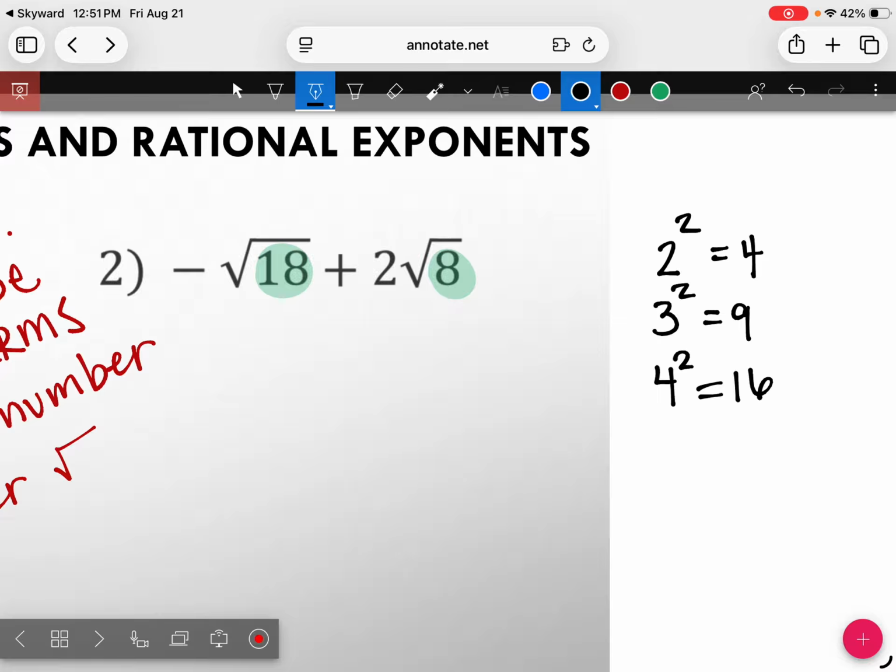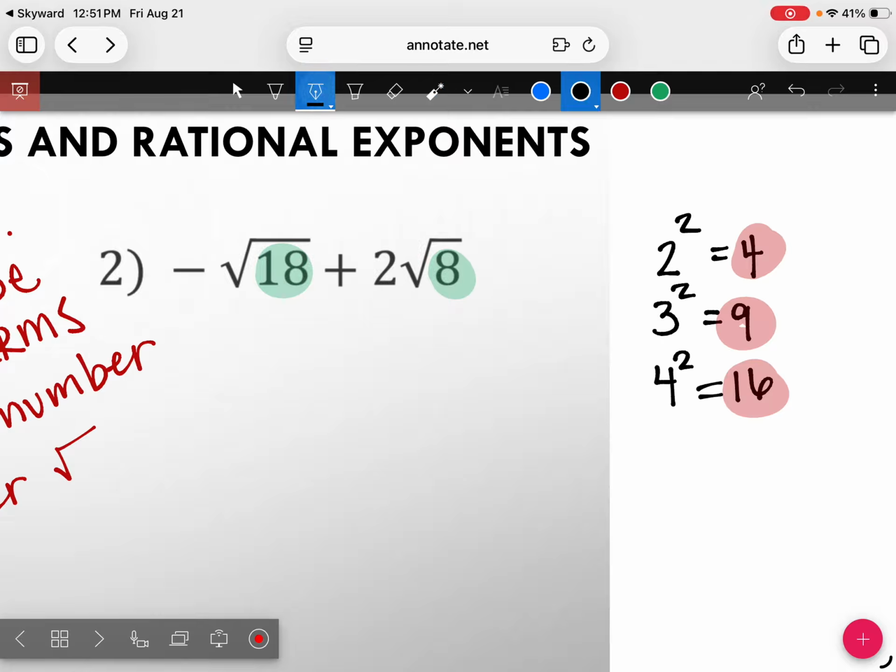What I'm trying to figure out is, in order to simplify it, can I divide any of these numbers into 18 or 8? So let's start off with 18. Which one of these numbers will divide evenly, is a factor of 18? 9, right? Do you agree that 9 does divide into 18 evenly? 9 times what gives you 18?